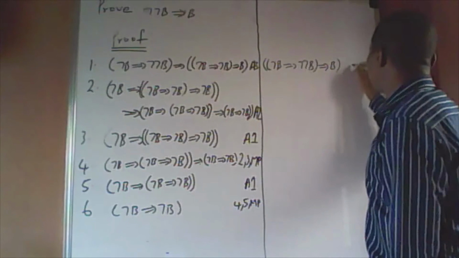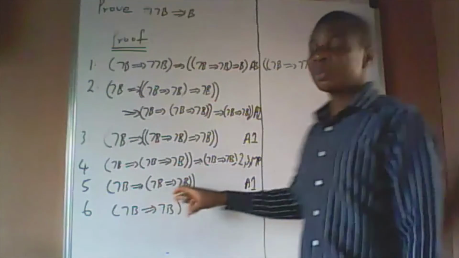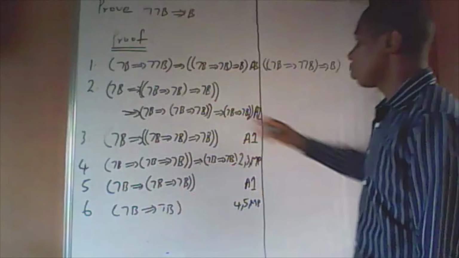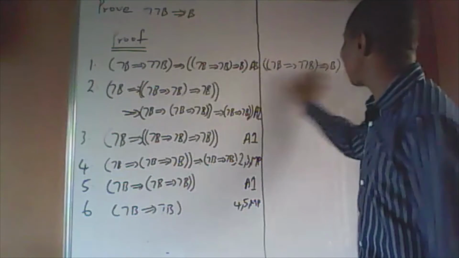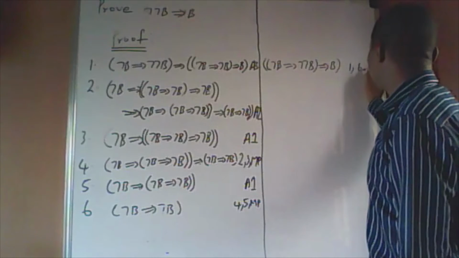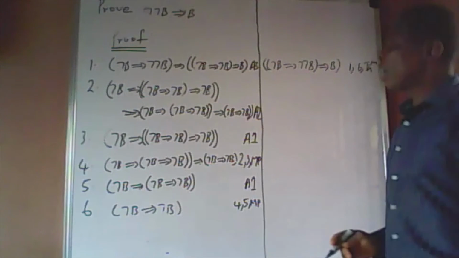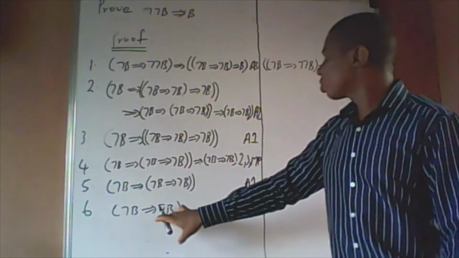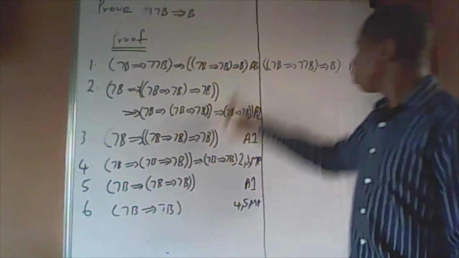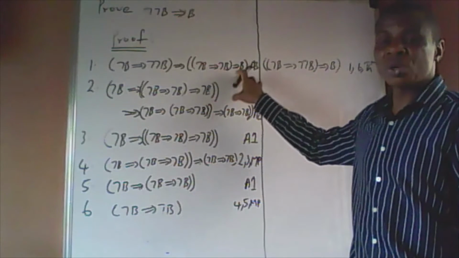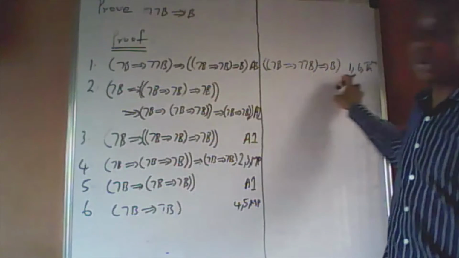That is lines 1 and 6. Lines 1 and 6 will give us this as a theorem. That means when we have this and we have this, we can prove B. By induction, we can prove that this is a theorem.